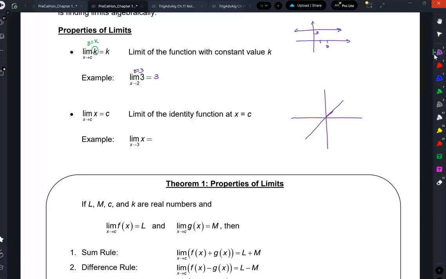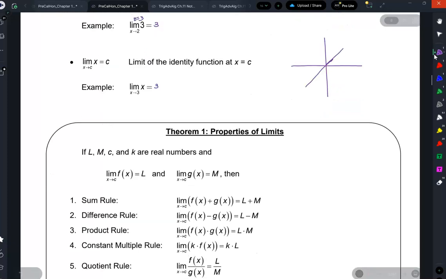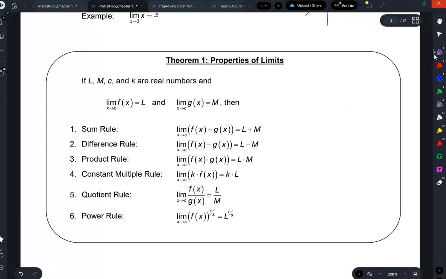But as x approaches 3, 3. Okay? All right. These are the building blocks. These are like the cells to everything, all living things, limits. We can just combine these in different ways and get the limit properties for everything.